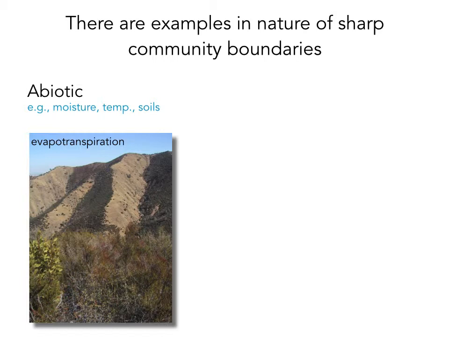So we see a pretty sharp boundary here, and this is due to an abiotic factor. Similar kinds of boundaries can be formed by other factors as well, sometimes also by soils, where we have transitions between soil types, some of which can have pretty dramatic effects on the distribution of species within plant communities and can form relatively sharp boundaries.